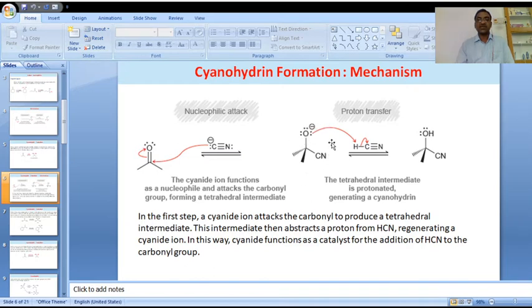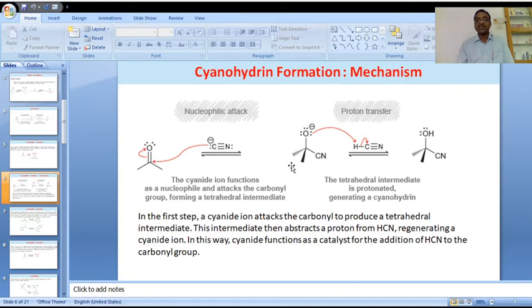It is also called an alkoxide ion. This ion abstracts hydrogen from HCN, hydrogen cyanide. In this proton transfer step, it generates a cyanide ion. Is it clear? Cyanide ion.